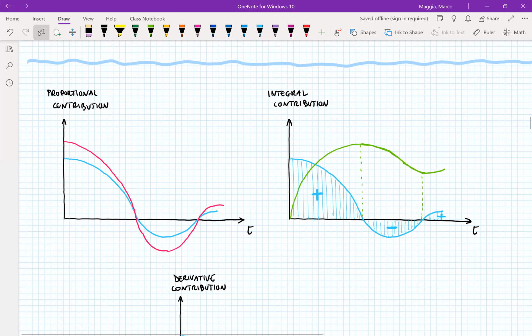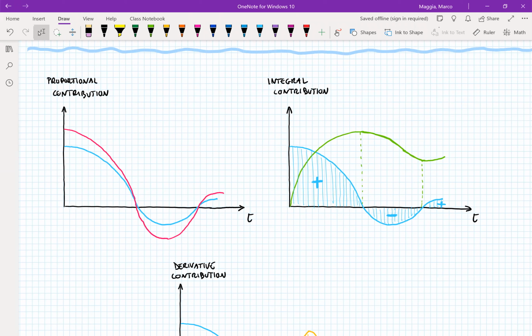Now I want to visualize the control signals, and in particular the three branches of the control signals, in relationship to the error function. So when we visualize a function, as I said many times, it is useful to visualize it in the time domain.